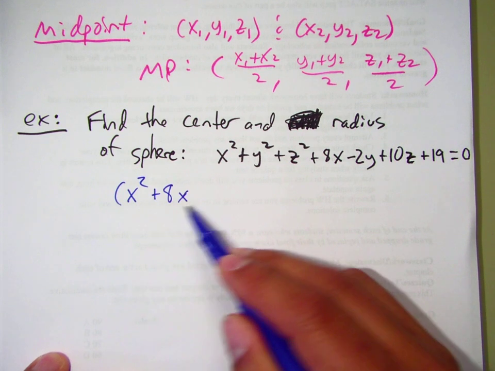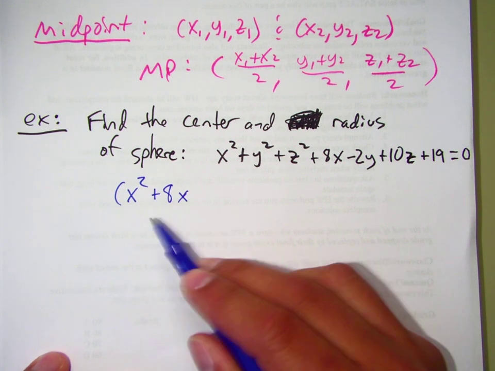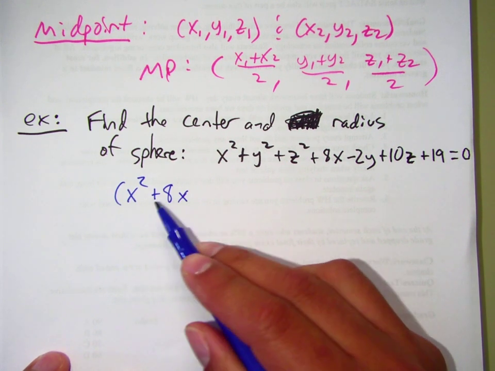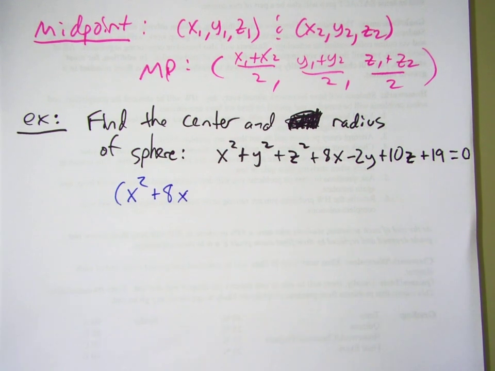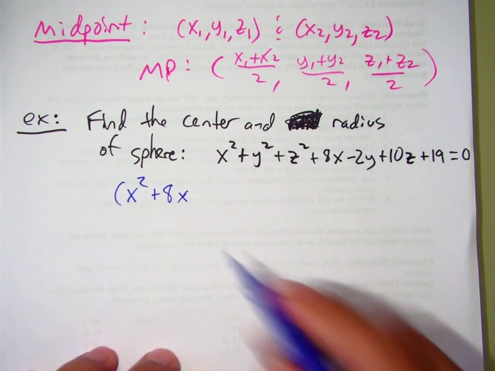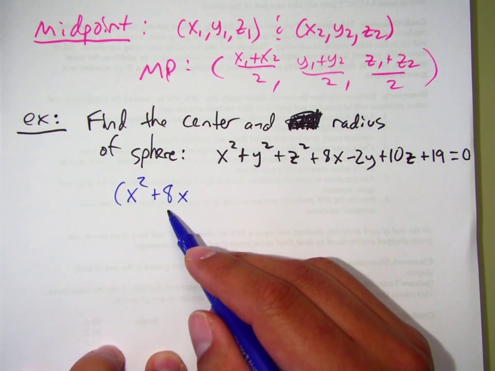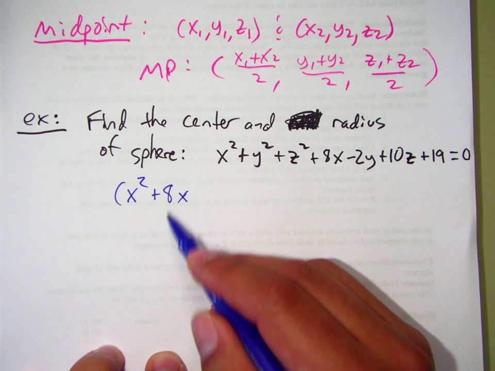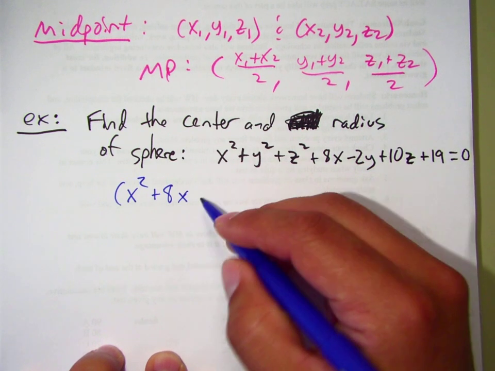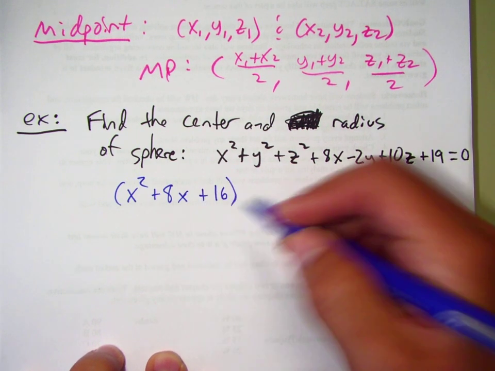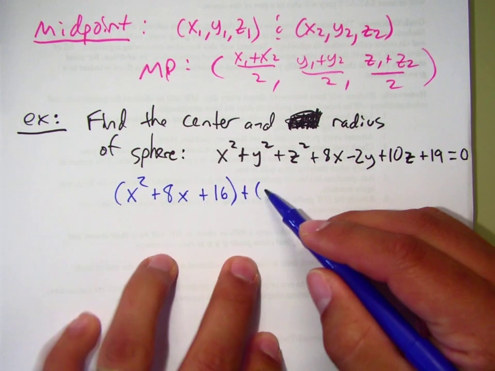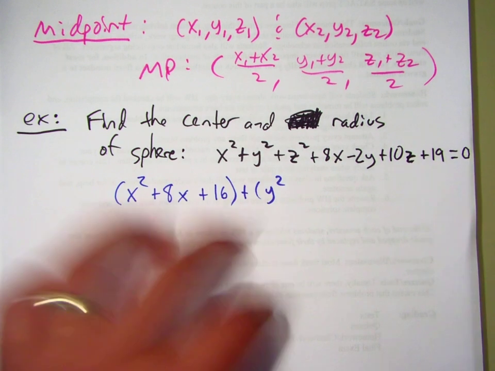And now what do I have to do in here? Complete the square. Yeah, you want it to be a perfect square here. So how do I do that again? Divide what by 2 and square it? Okay, so the middle coefficient, cut in half, squared, 16. And you pretty much do that with every single variable.